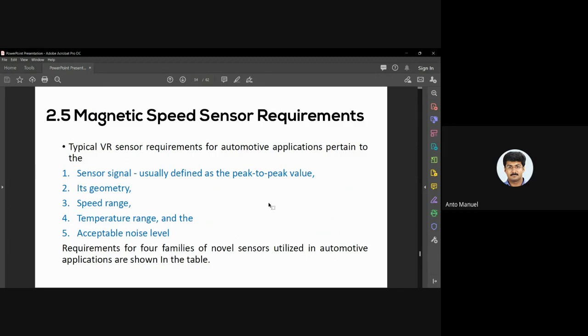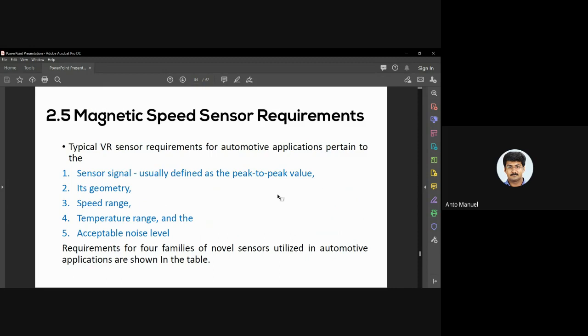Okay, and the next topic is magnetic speed sensor requirements, and what are the requirements we need to design a magnetic speed sensor. Typical variable reluctance sensor requirements for an automobile application are listed over here.